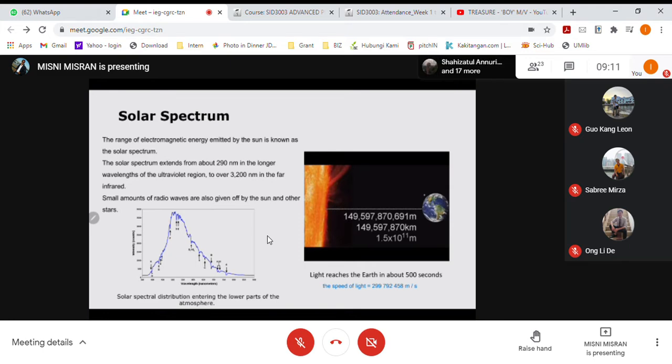So we are lucky that all these ionizing radiation or harmful radiation from the sun being blocked much further away from us before it reach the surface of the Earth.